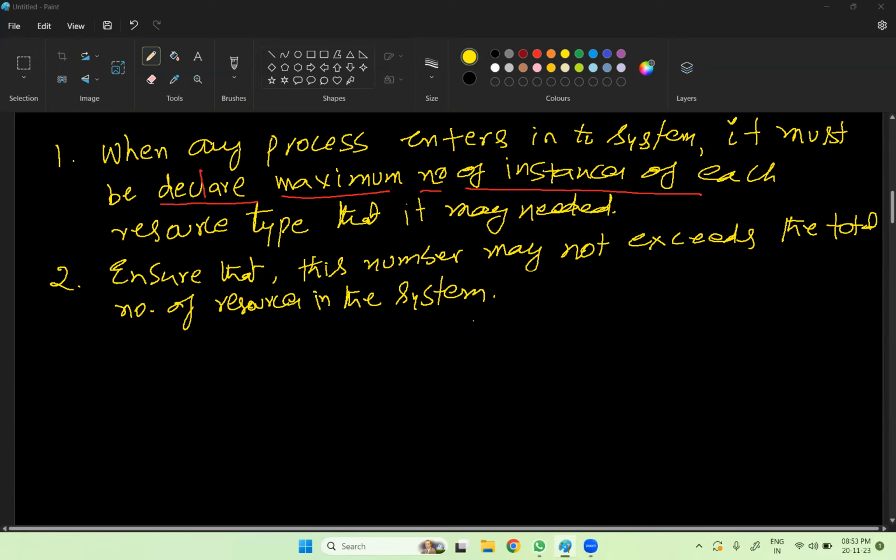So that is the point here. These are the two points before entering the particular execution.